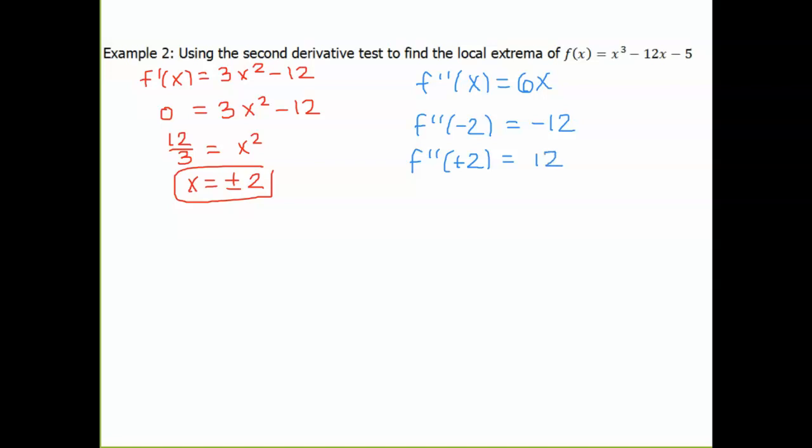So I get that the second derivative at negative 2 is negative. So that tells me, according to my chart, if the second derivative is negative, then x equals negative 2 is a local max.